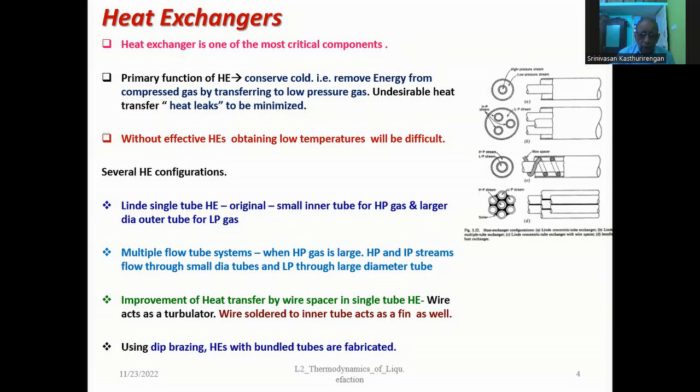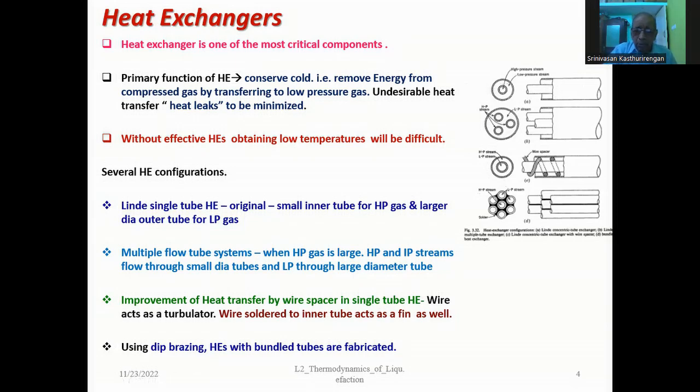So kindly look at the diagram on your right side, and you can very clearly see that there are different types of heat exchangers. A very simple heat exchanger would be to have a high pressure gas entering through a smaller diameter pipe and the low pressure gas coming out through a larger diameter pipe.